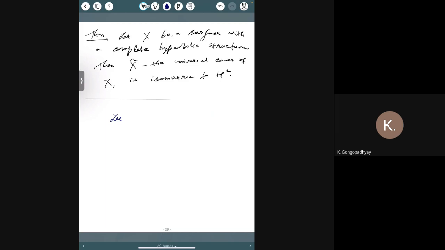So let X be a hyperbolic surface. Then you have a coordinate atlas, I mean coordinate charts.